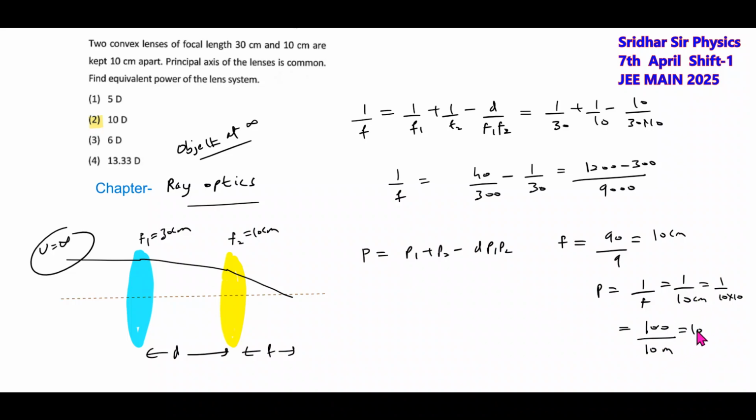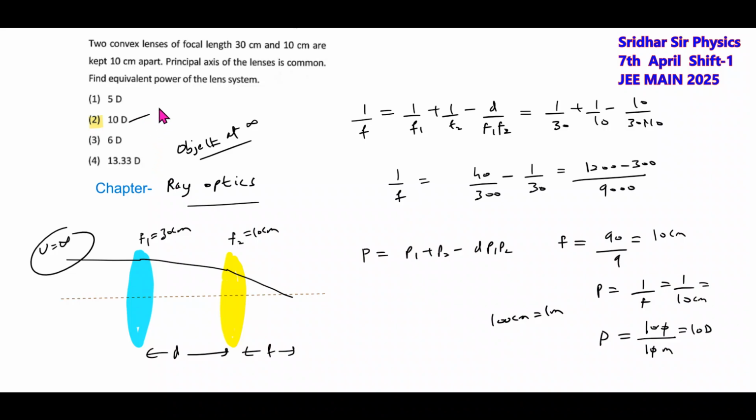Then this will become 10 diopter, per meter. We have adjusted it.